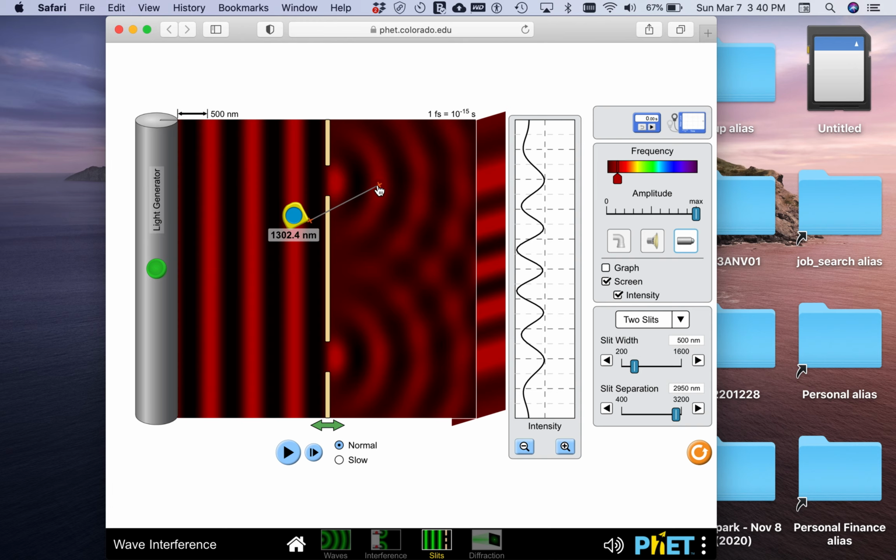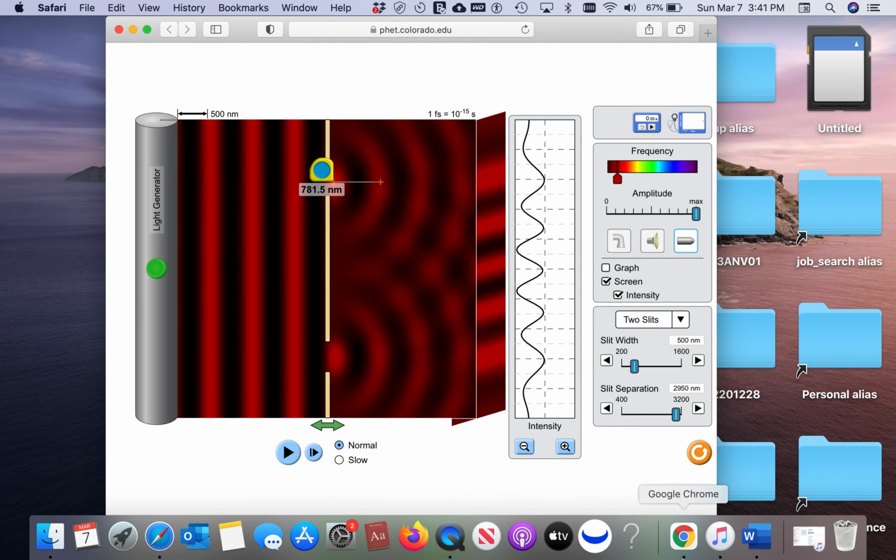So maybe take somewhere in between here, and put this guy there at the center. That will also give the lambda value. Or they can look carefully at this color code here, go to the diffraction part, and look at the nanometer value, the wavelength value there. That's also fine.